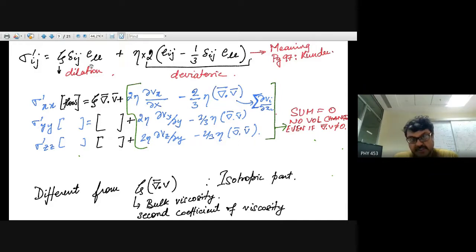But of course, there can be situations when there are very rapid density changes, in astronomy or certain cases, and then this term, of course, contributes, and this is the bulk viscosity.